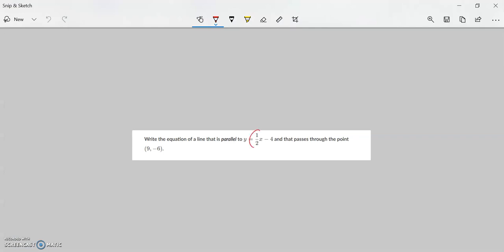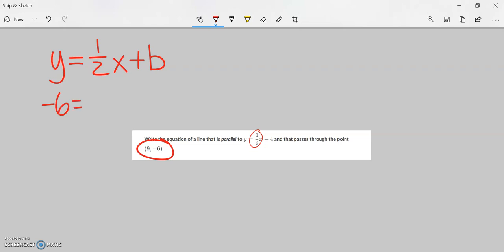So we're doing parallel, so we're keeping the same slope. Y equals 1/2 x, but a different y-intercept. So we're plugging this point in, -6, 1/2 times 9 plus b.